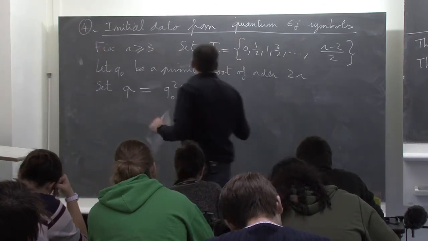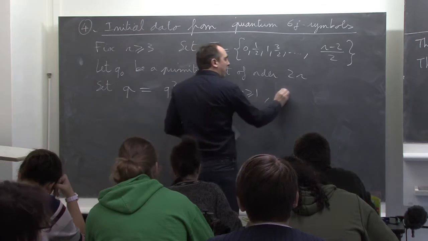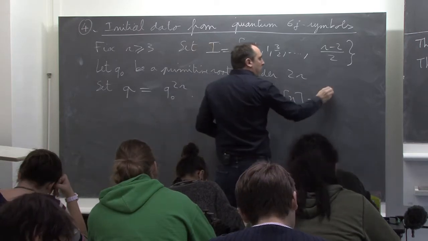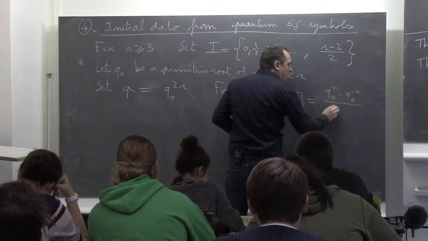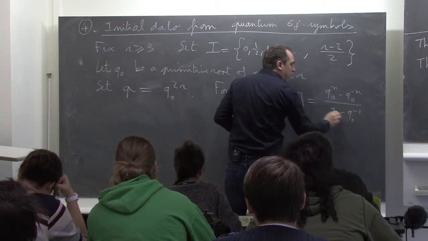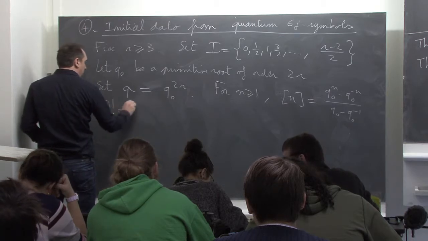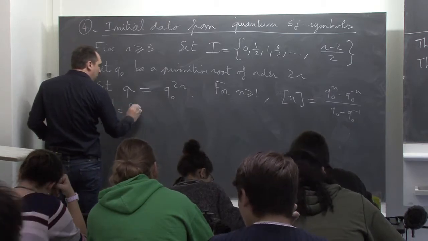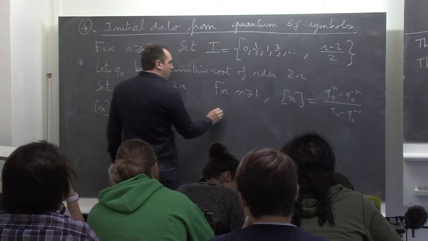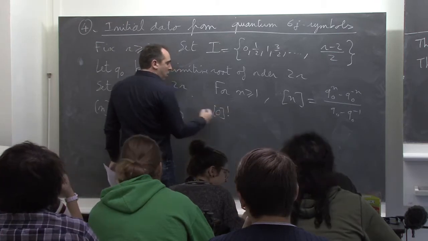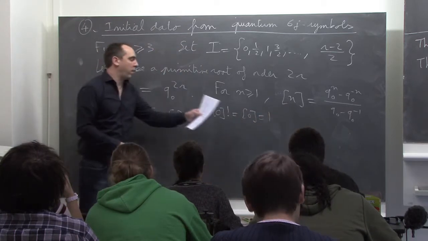Now, if we have an integer n greater than 1, we set, as last time, using q0 to the n, q0 to the minus n, so q0 minus q0 inverse, the quantum integer n. And we set again the factorial n is 1, 2, ..., n, and for 0 we put that the factorial of 0 is 1.